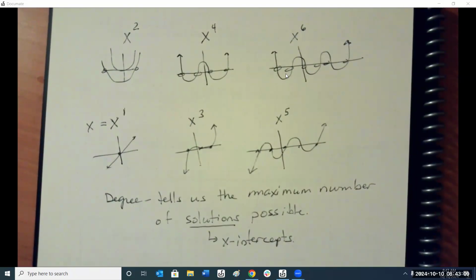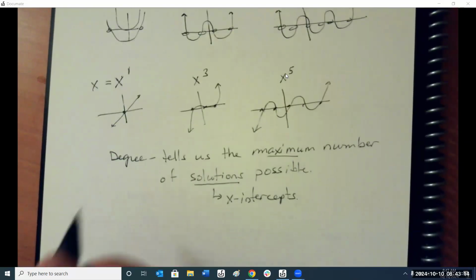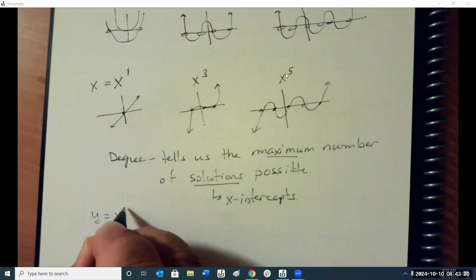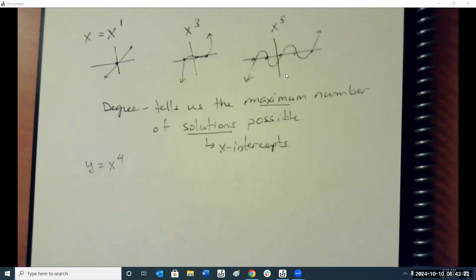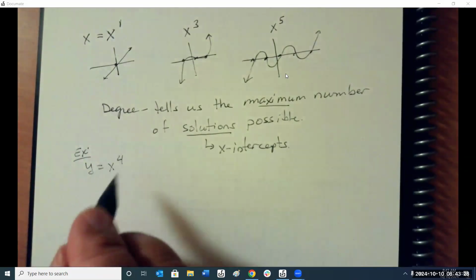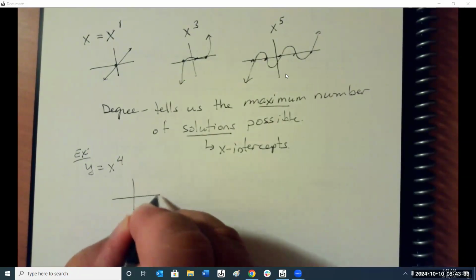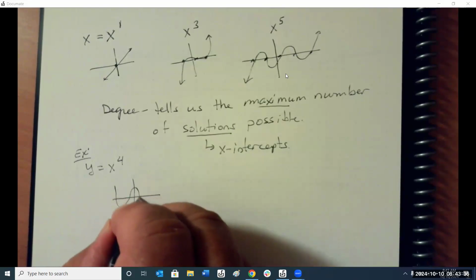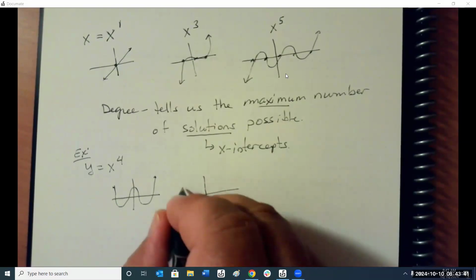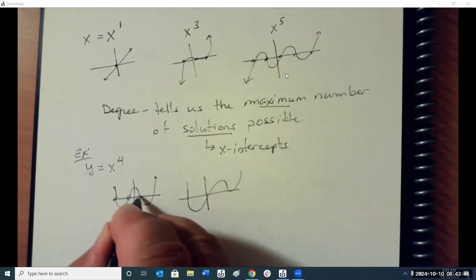So that's what tells us. Now, we just said it's the maximum number. Let's say we had an equation that looks like this, x to the fourth. The possibilities of the graph: it can look like this, it can look like this. We have 4 solutions.